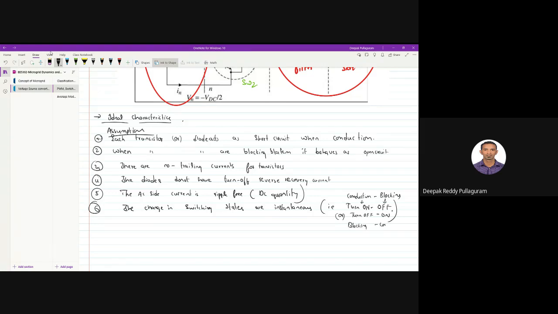Is that clear? These are all assumptions. Under these assumptions, now let's see how the circuit behaves.